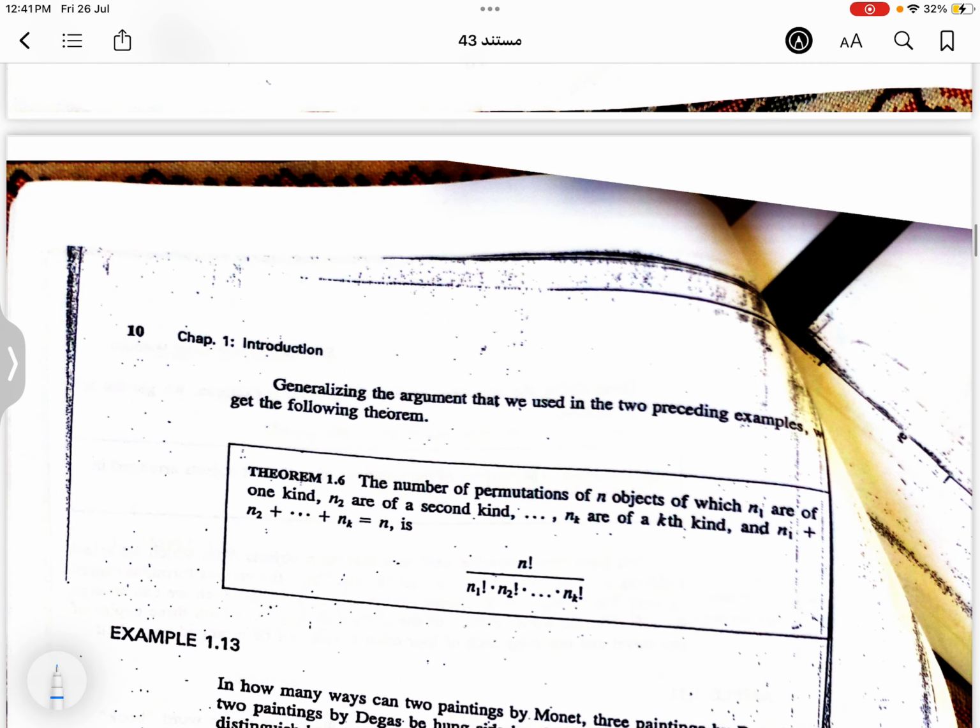Here you will have the last theorem on permutation, generalizing. Suppose you have many different letters, like the word statistics. In the word statistics, you have n equal 10.